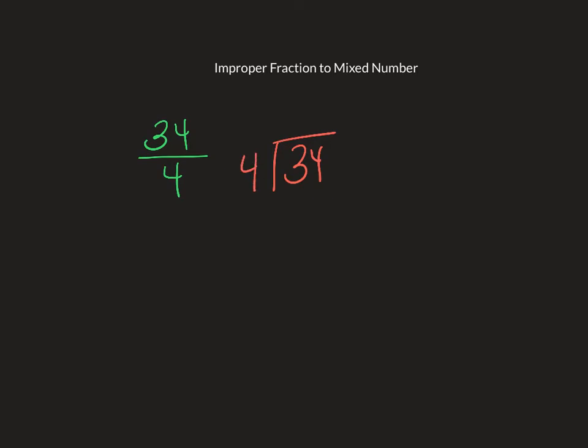If you haven't done that, try that now. 4 goes into 34 8 times. 4 times 8 equals 32. I subtract, I get 2, so that's my remainder. 8 remainder 2. Try writing that as a mixed number.